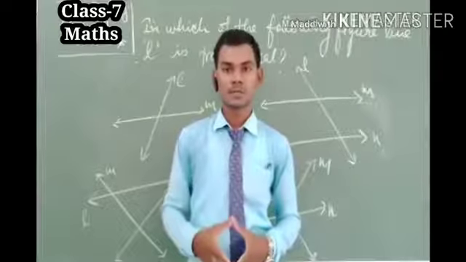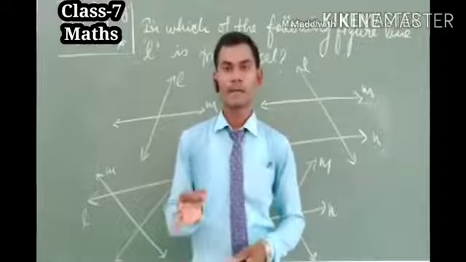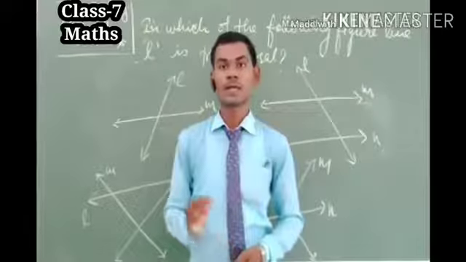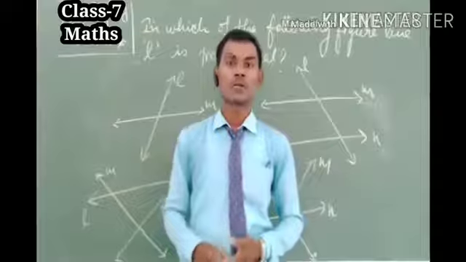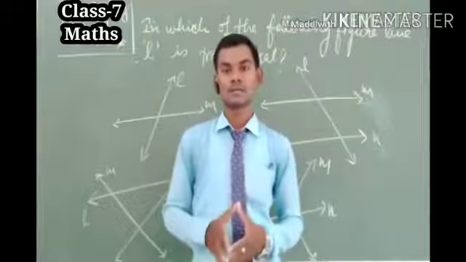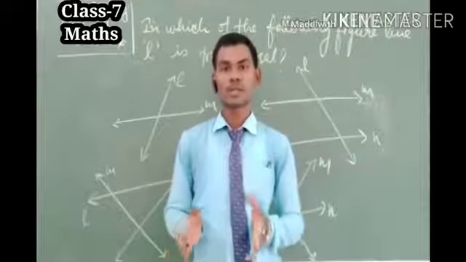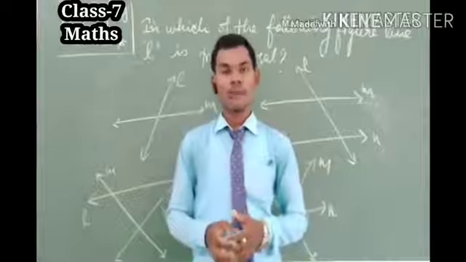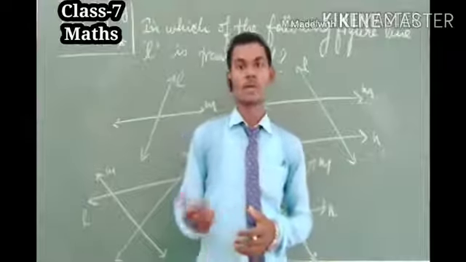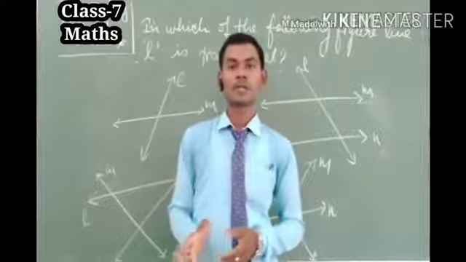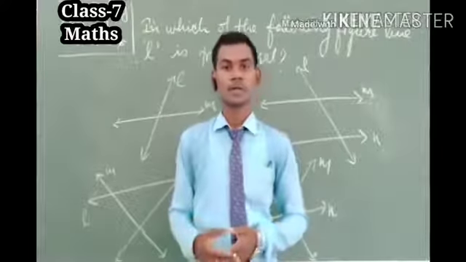So what is the definition of the transversal line? A line which intersects two or more lines at different points is known as the transversal line. There is no restriction that the two or more given lines are parallel or not. They may be parallel or they may not be parallel. So it doesn't matter whether the given lines are parallel or not.